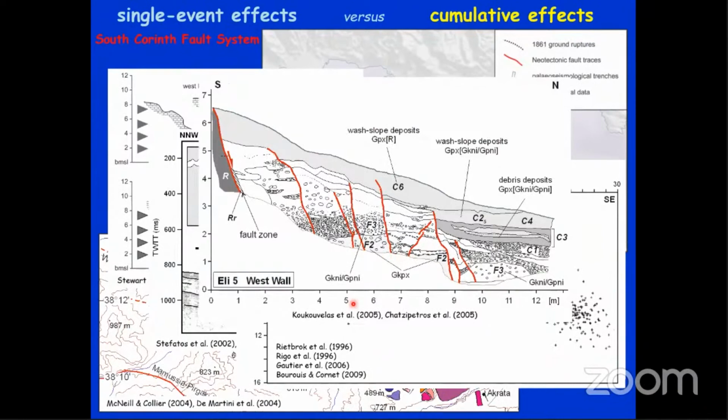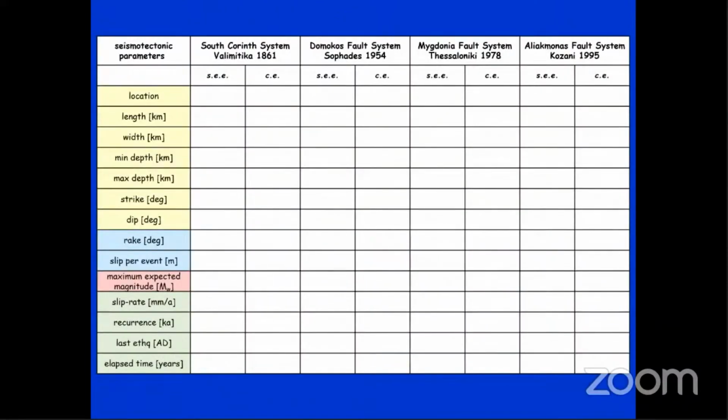Again, and obviously, paleoseismological investigation can provide information about the cumulative effects along this seismogenic source. So all this information, which I have very briefly and quickly shown you, could help to populate the database separately for the two types. We investigated them separately.